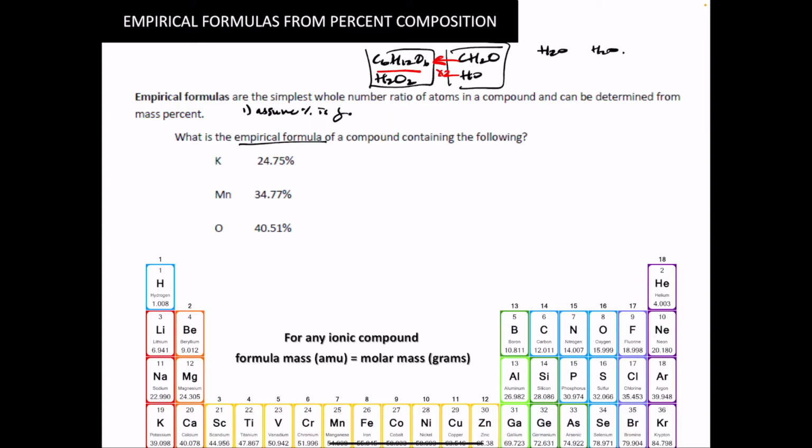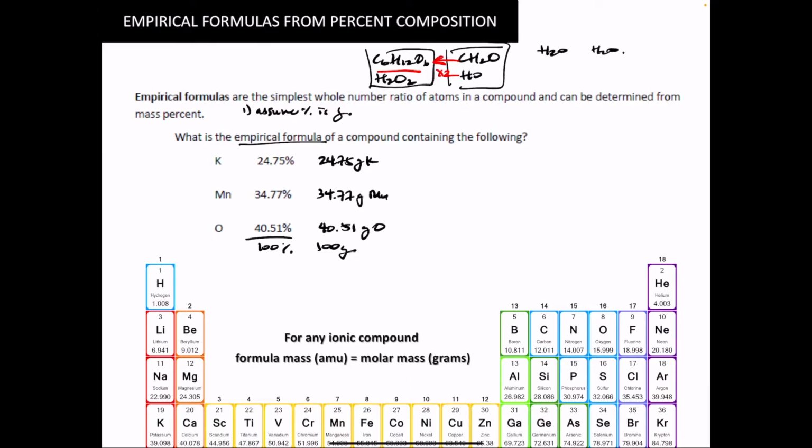If this is a mass percent, it adds up to 100%. Let's just say it's 100 grams. Then the mass of potassium is going to be 24.75 grams K. Manganese will be 34.77 grams manganese. And oxygen is going to be 40.51 grams of oxygen.